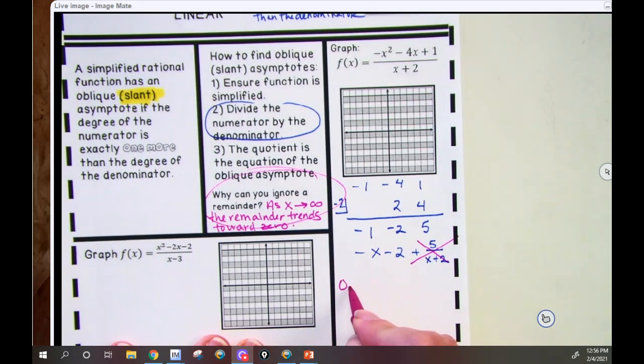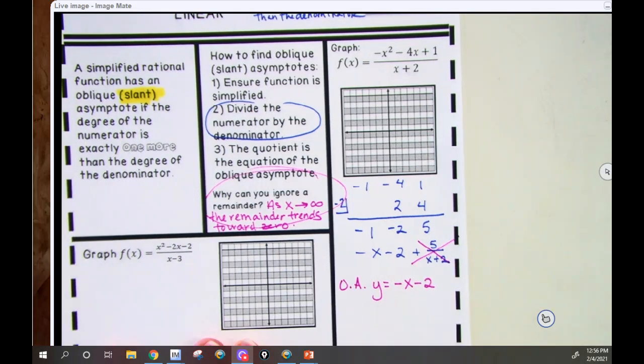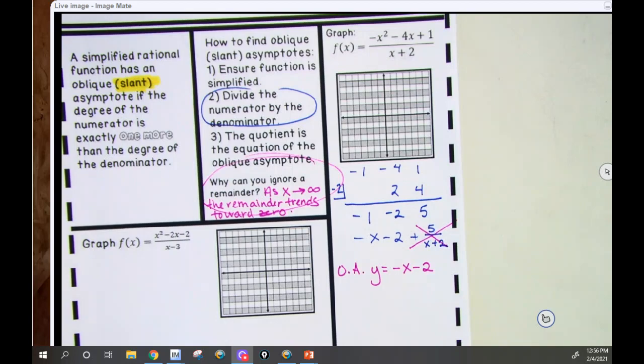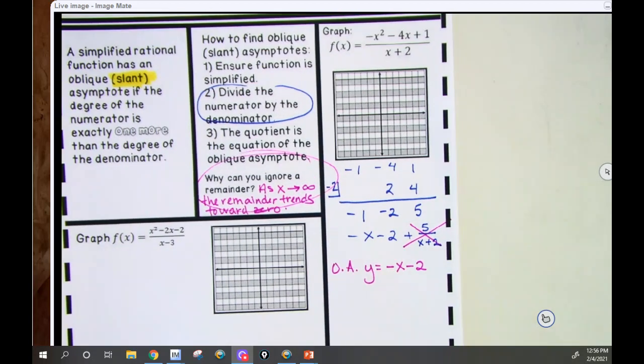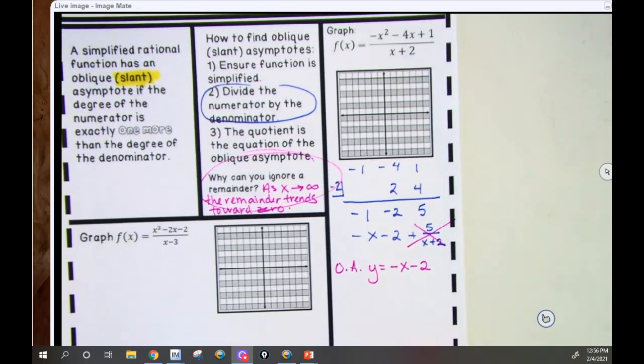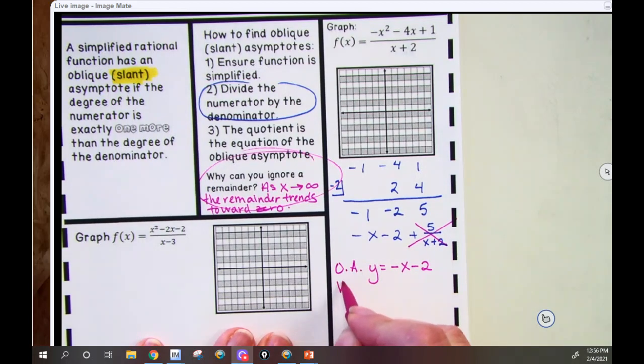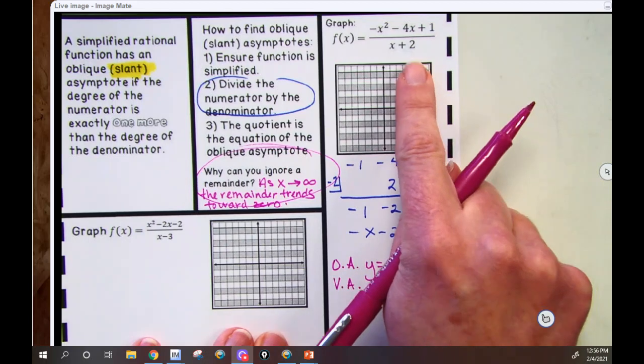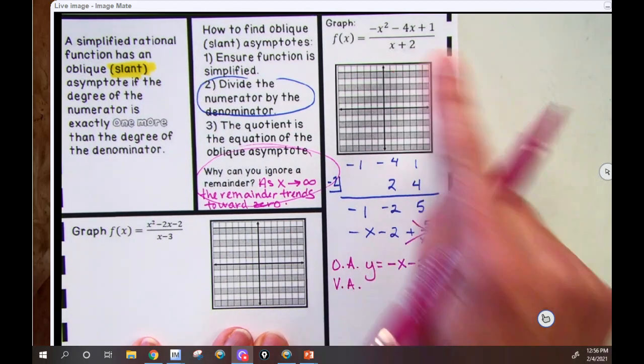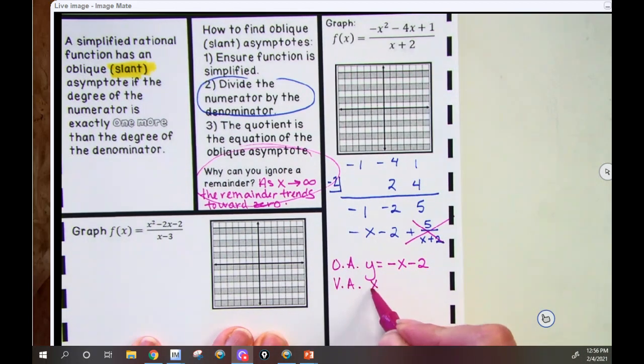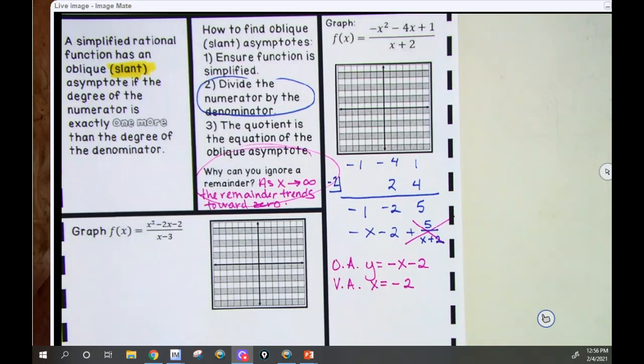I've got an oblique asymptote at y equals, we just divided and figured out that equation, right? -x minus 2. I've got a vertical asymptote where? What makes that denominator equal 0? -2. All right, so x is -2. There were no holes because there were no common factors.